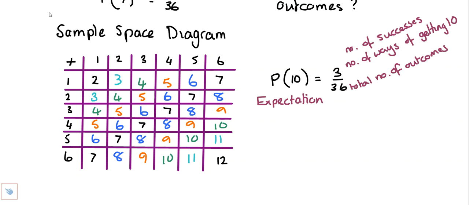Right, okay, simplification. What does 3 out of 36 simplify to? 1 out of 12. Okay. Now, just to say to you, in probability, you normally don't have to simplify your fractions. Because when we move on to combined probabilities, you don't want simplified fractions.